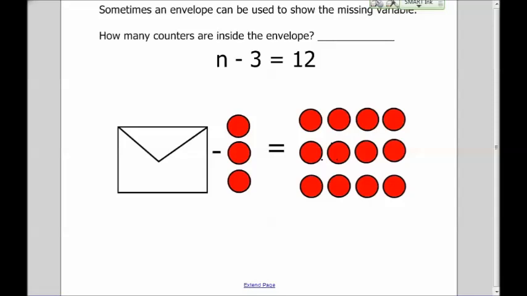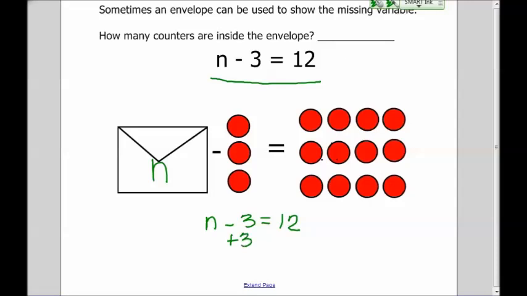Just so you know, the envelope is my big N. It's the same thing as the box. So N minus 3 equals 12. To solve it mathematically, N minus 3 equals 12. Write this in your notes. Algebra land, I do the opposite. I'm going to add 3.